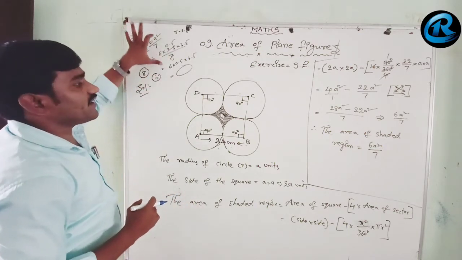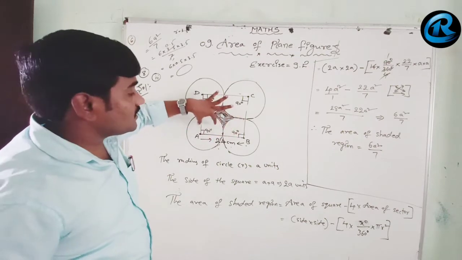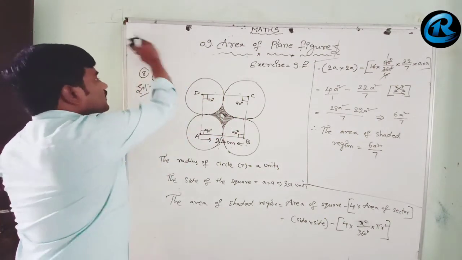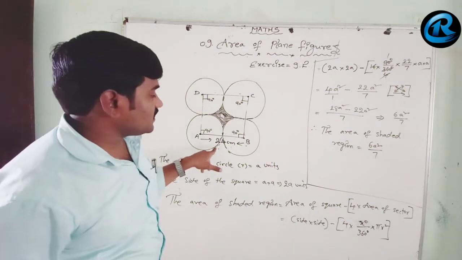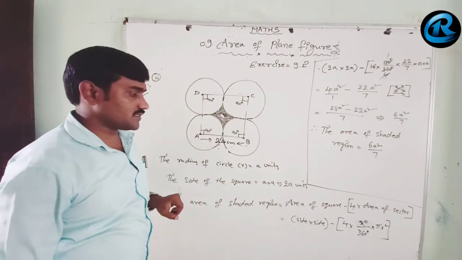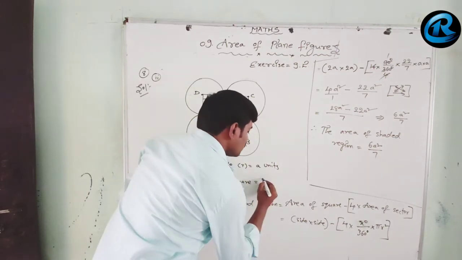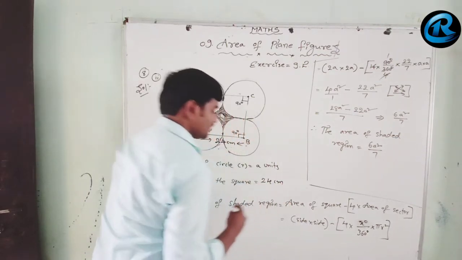So in the place of a we have to substitute the radius of the circle, not the side of the square. Here we do the same. The side of the square is given as 24 centimeters.